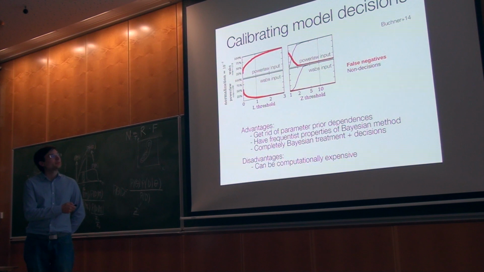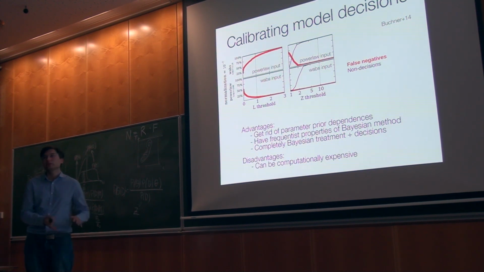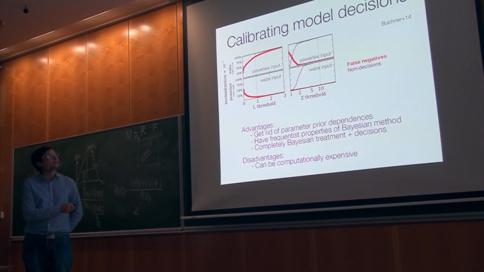And if I take some Bayes factor threshold, I can count my false negative rate that's shown here in red. So you want to look at both of those terms together. And if I use a Bayes factor ratio of larger than 2, basically I have no false negatives.